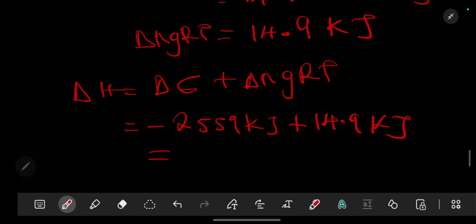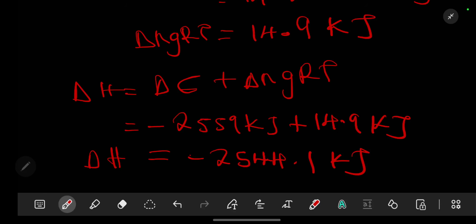So negative 2559 plus 14.9 gives us a value equivalent to negative 2544.1 kilojoules. So this is the change in the enthalpy.